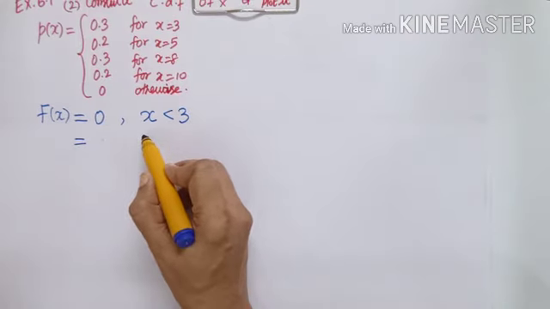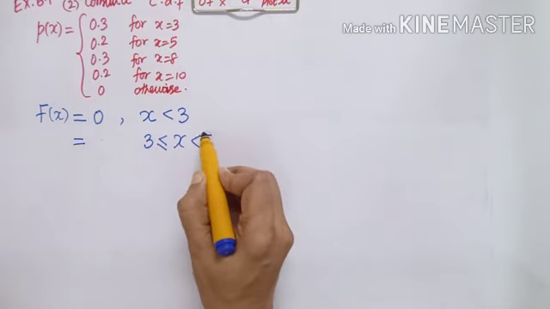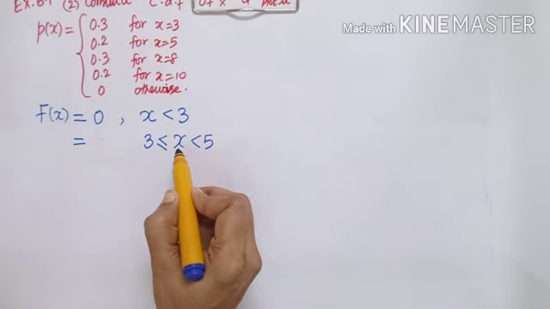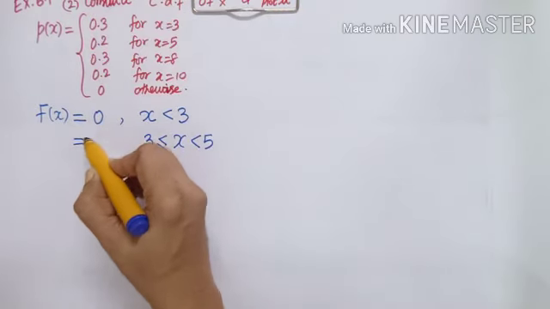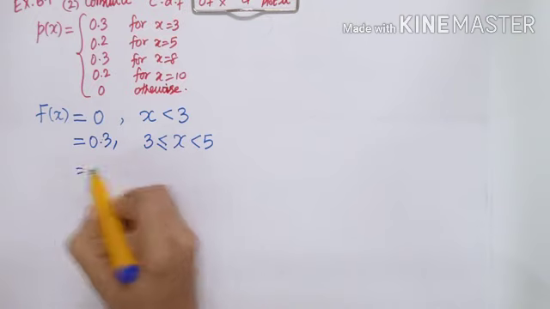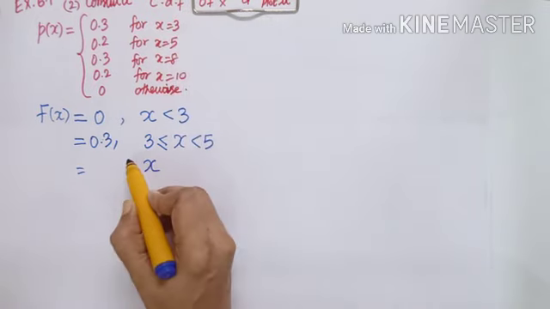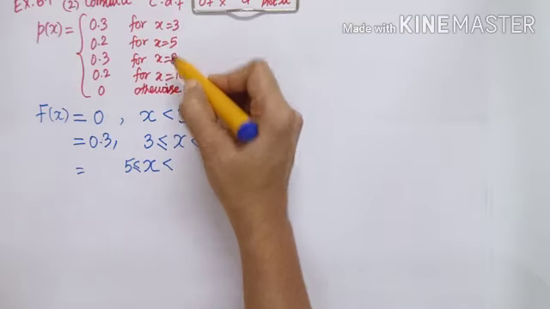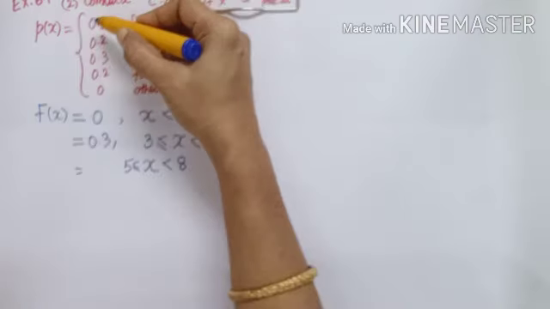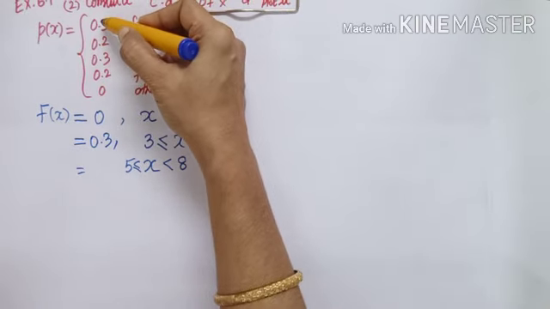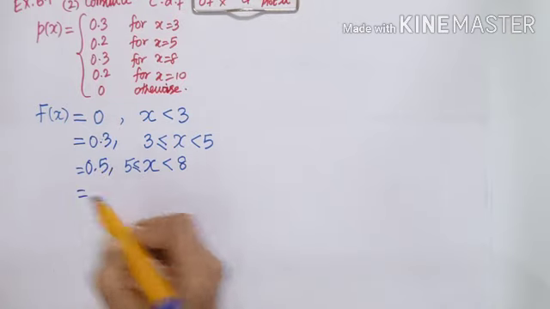When x is equal to 3 or below 5, my answer is 0.3, the very first value. When x is, here what is the next value? 5. Equal to 5 or below 8. Below 8 implies I have to add these two. 0.3 plus 0.2 gives me 0.5.